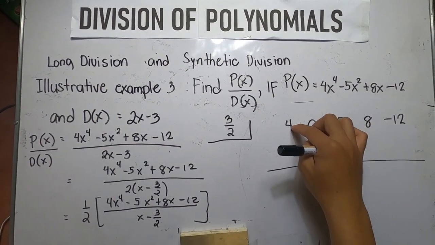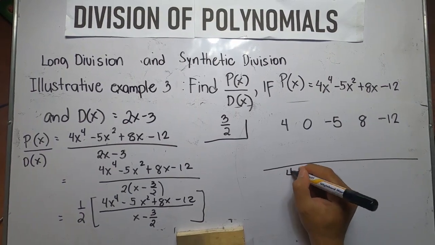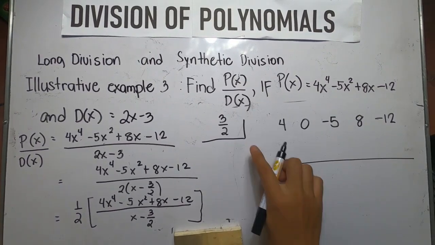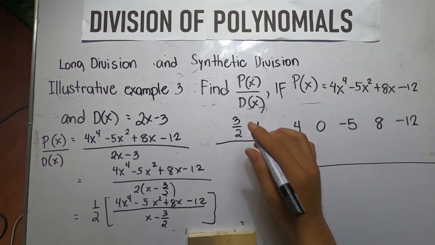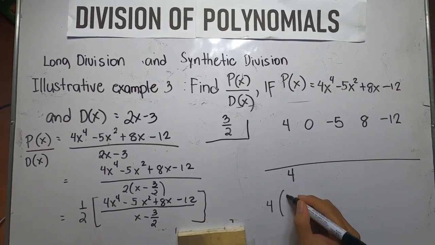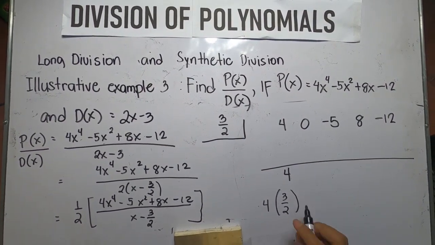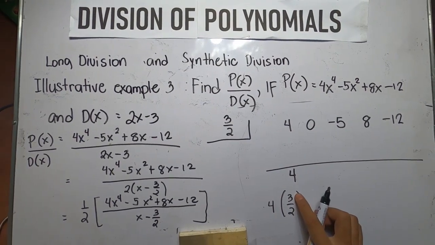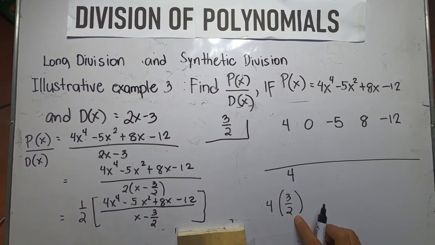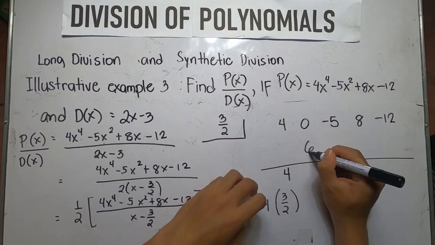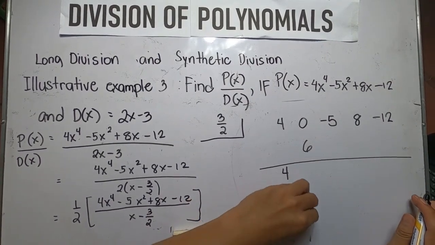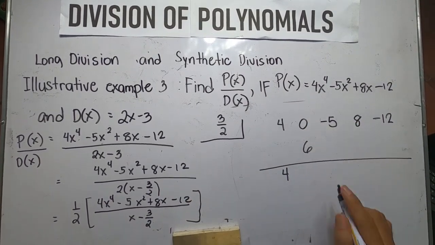We will now bring down the first numerical coefficient, that's 4, multiplied by 3/2. 4 multiplied by 3/2, that is 4 times 3 is equal to 12, divided by 2 is equal to 6. Then, find the sum of 0 and 6.